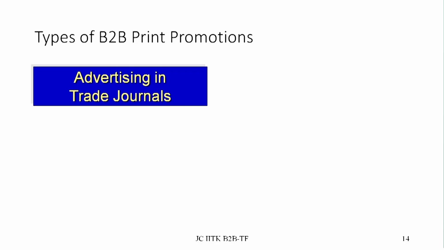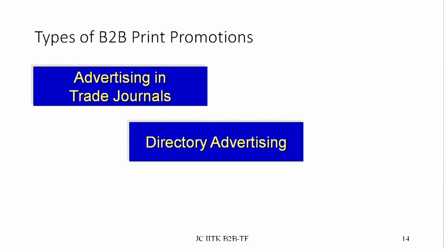For example, if we come to advertising, today advertising will be there in trade journals, that is a physical one, but there are many trade journals today which are electronic. So, it could be an electronic advertising in an electronic journal. There will also be directories. These directories earlier used to be physical ones, fact books containing say various details about electronic components. Now, many of those have moved to the web.